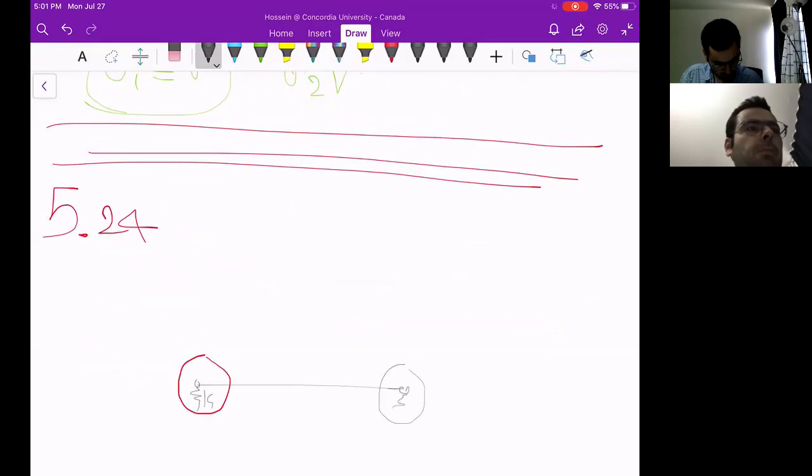K1, K2. So this is basically the chassis of an automobile, and the mass is concentrated at the center of gravity at this point, and this is L2 and this is L1.